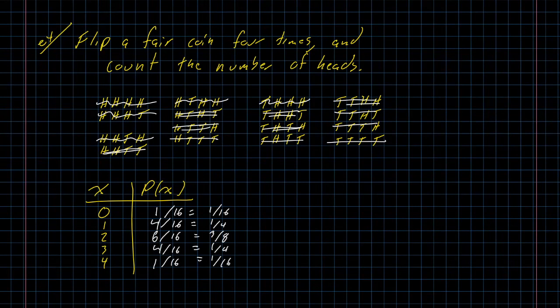Right, so 1/16, 1/4, 3/8, 1/4, and 1/16. We can also take a probability distribution and we can sketch a graph much in the same way we sketch the graph of a frequency distribution using something like a histogram.